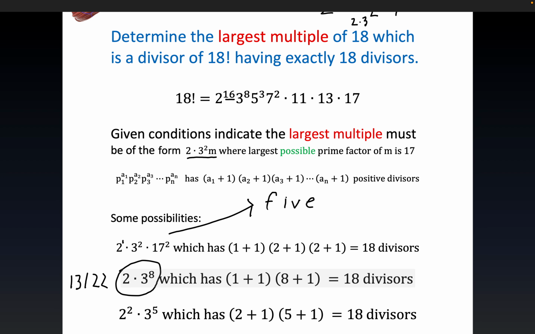So it's all there. I'm pretty confident that 13,122 is the answer, although there are other possibilities I didn't go through, but you can just tell by the form. I picked the ones that were the biggest of that particular form, okay? Now, you may be saying, well, why didn't you consider, we know the number of divisors of p to the 17.